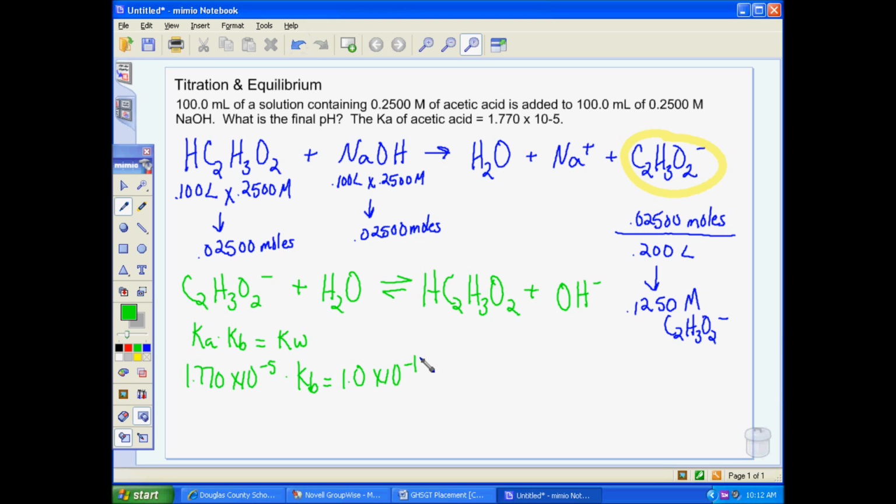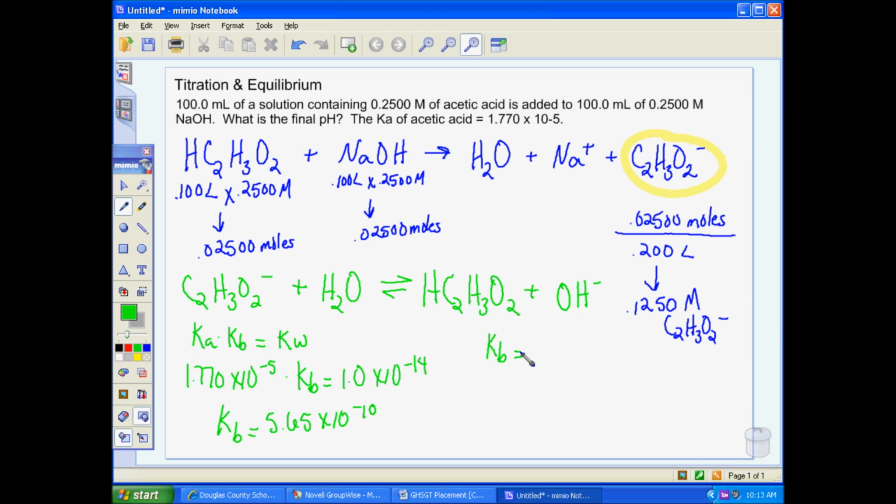Okay, now solving for the Kb, we get 5.65 times 10 to the negative 10. Now that we know what the Kb value is, we can go ahead and write the equilibrium expression for the Kb and substitute in what we know.